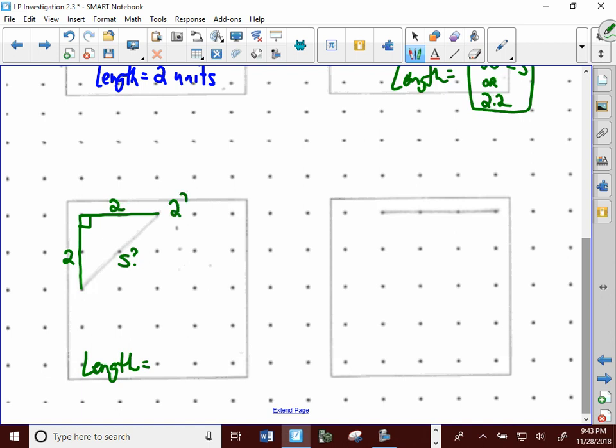I have 2 squared plus 2 squared equals my missing side squared. Well, 2 squared is 4. 2 squared is 4. 4 plus 4 is 8. And again, to get side squared to just side, I'm square rooting both sides. So for the side, I get the square root of 8, which we did the other day, was about 2.8.